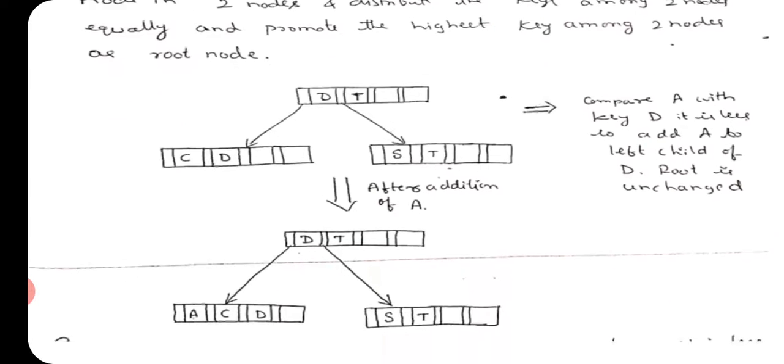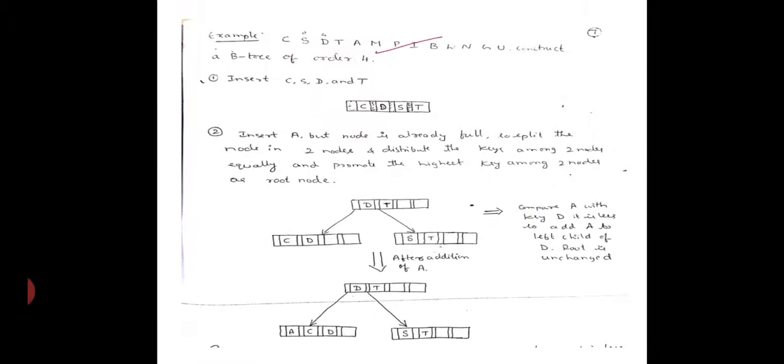So understand. Next, after splitting you need to insert an element, that is, insert A here. How are you going to insert the element? The inserting element is compared with the root elements. Now you need to insert A here.